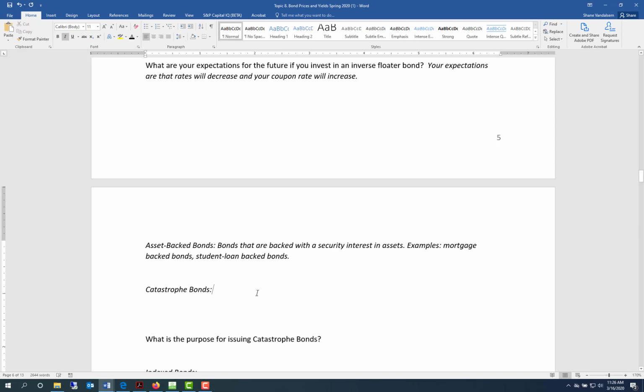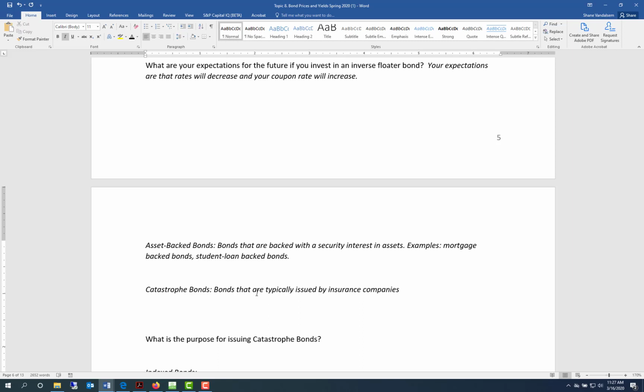Catastrophe bonds are bonds that are typically issued by insurance companies. When investors purchase these bonds, their money goes to an escrow account, a third-party account.